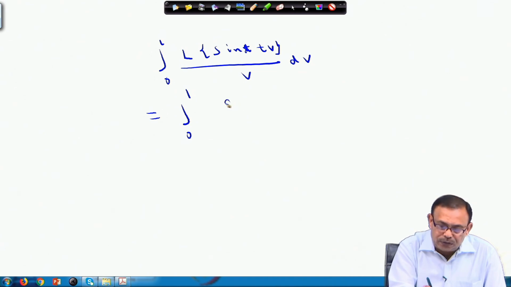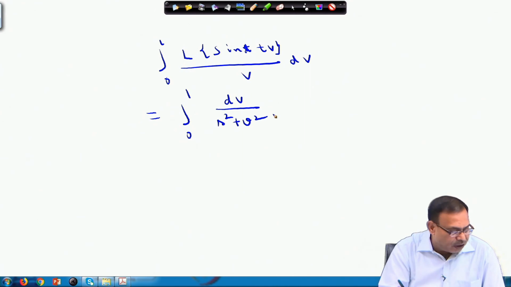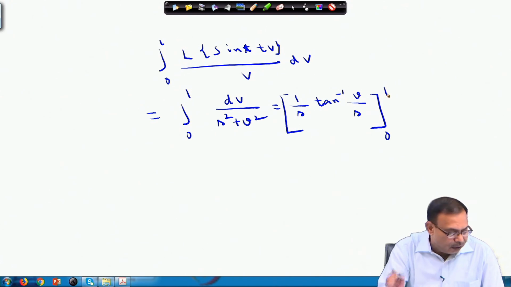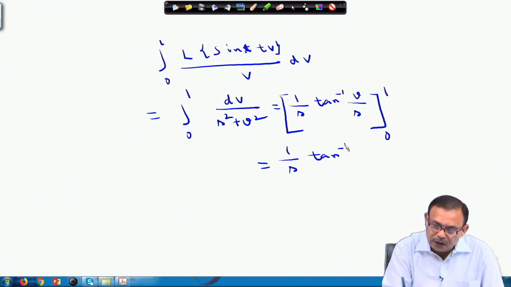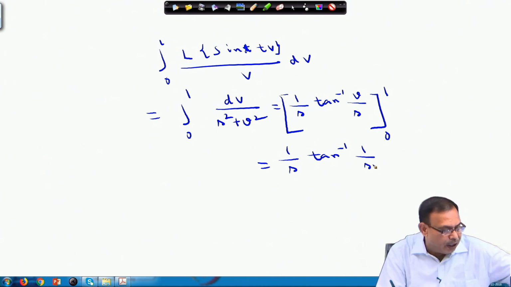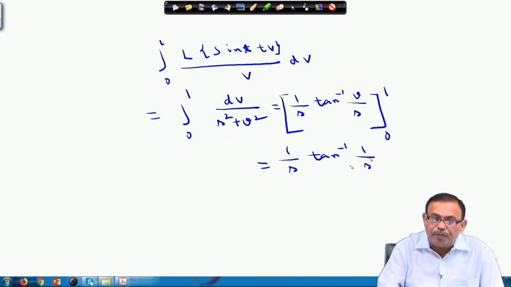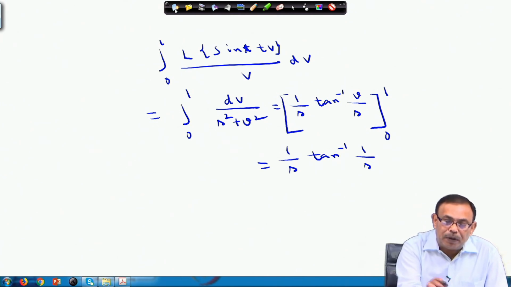So it will be dv by s square plus v square, and I know the value of this: 1 by s tan inverse v by s, from 0 to 1. If you evaluate the integral, you will obtain 1 by s tan inverse 1 by s. So we are getting the same result using this property.